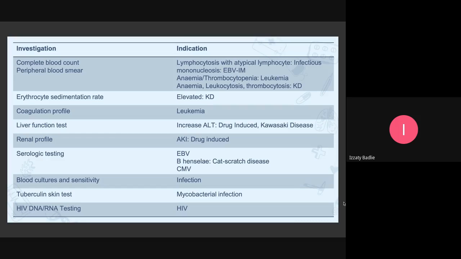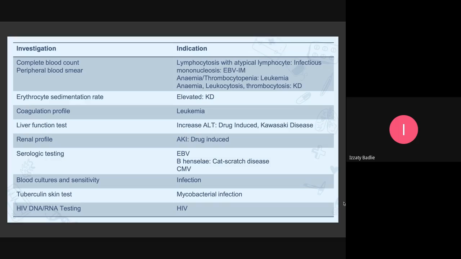Erythrocyte sedimentation rate is an inflammatory marker, so it might be elevated in Kawasaki disease. For coagulation profile, it might be abnormal in leukemia. For liver function test, there will be an increased ALT in drug-induced and Kawasaki disease.